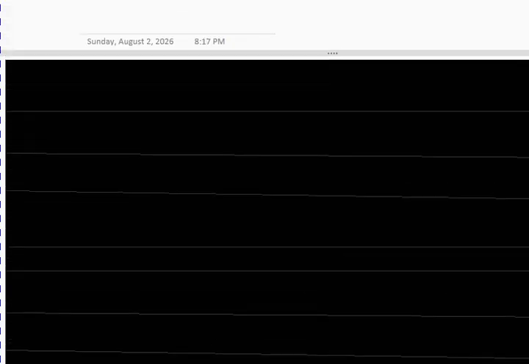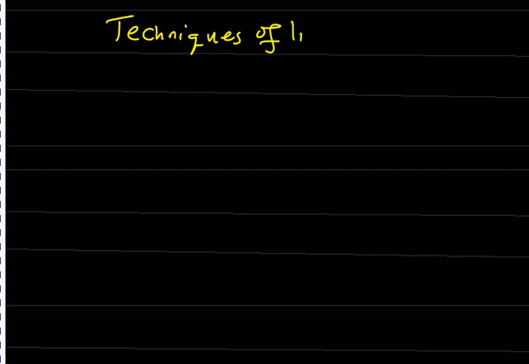There won't be any relevance in getting to know all the standard derivatives without knowing how to evaluate the integrals of a function. So I'm going to show you different techniques of integration.